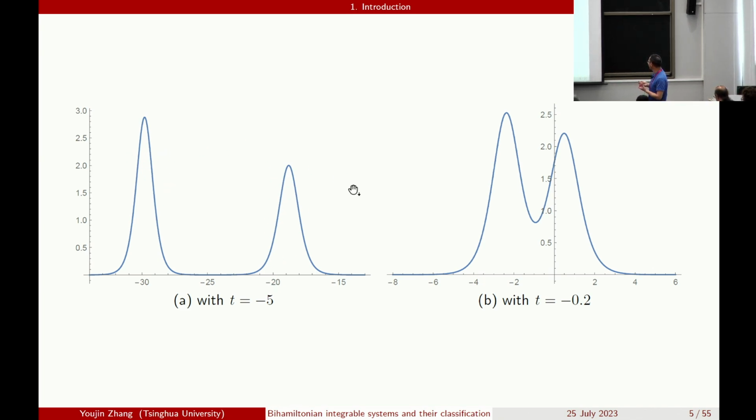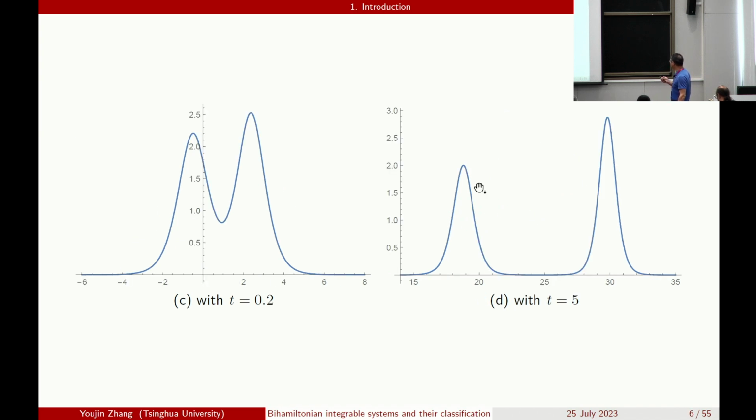Sometime later, for example at t equals -0.2, these two solitary waves interact, and the taller one catches up with the shorter one. After some time it passes, and then we have this shape of the solution. And at time t equals 5, they separate again.